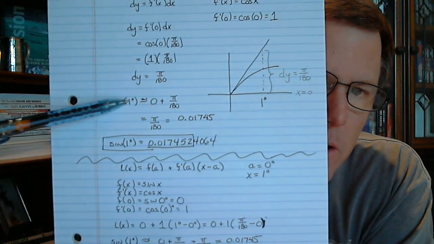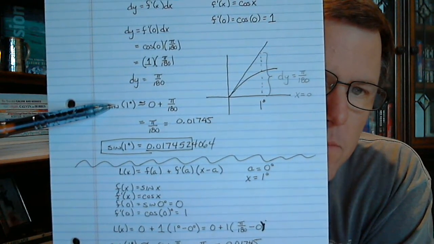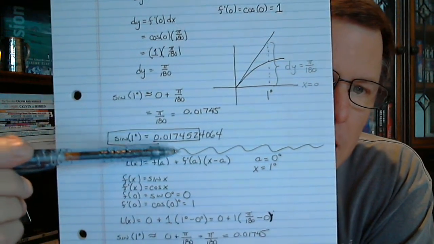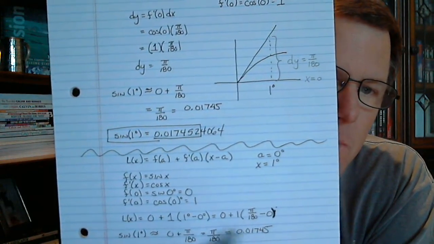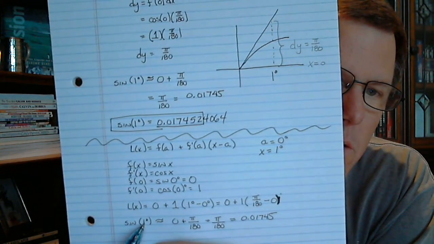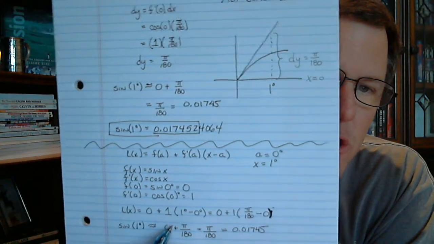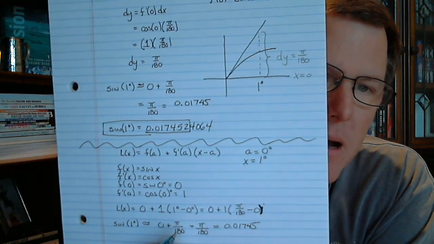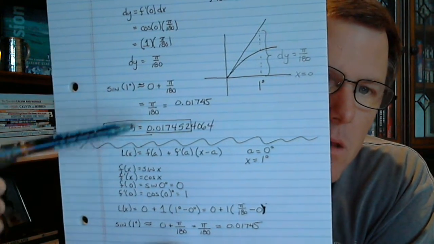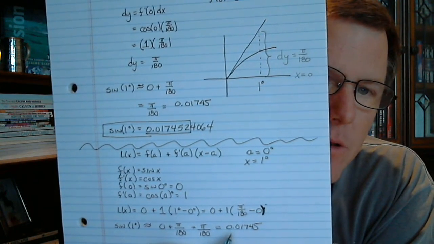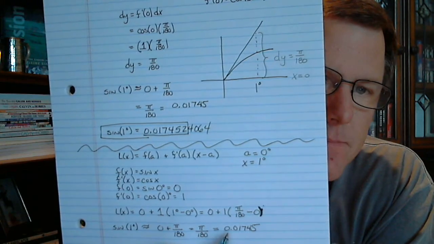Now, if we take a look at this, everything we need to convince ourselves that differentials, which gave us this equation right here, okay, this one, turned out to be 0 plus pi over 180. And then down here, linear approximation gave us, well, I'm kind of shocked, but it gave us 0 plus pi over 180. What we got up here for differentials is exactly the same as what we got down here for linear approximation.